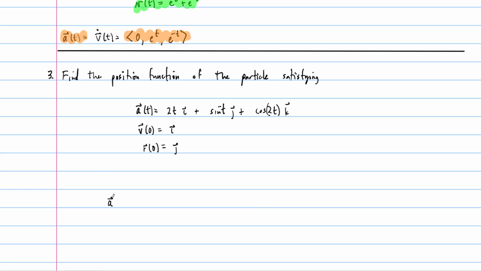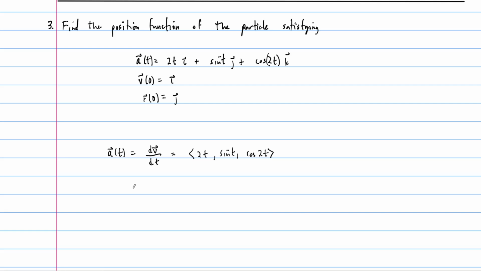Our a of t is dv by dt of t, given by this vector function, 2t, sine of t, cosine of 2t. And so our differential of velocity, dv, is equal to this vector, 2t, sine of t, cosine of 2t, all times dt.